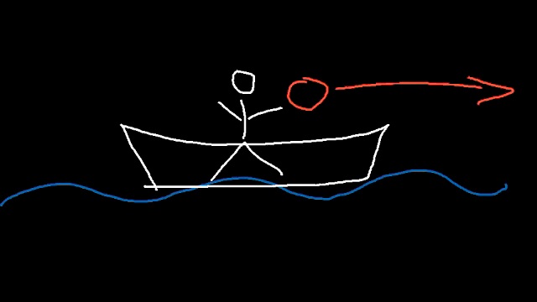Now, intuitively, you know that if you apply a force to throw the ball towards the right, you're going to feel a force that's going to push you and the boat towards the left. But because the ball has less mass, it will have a greater acceleration, and so it's going to travel a greater distance.